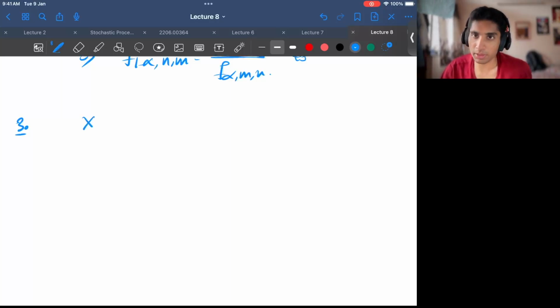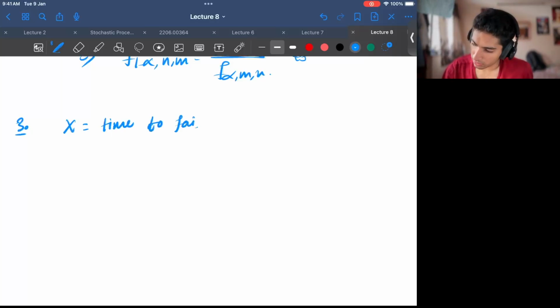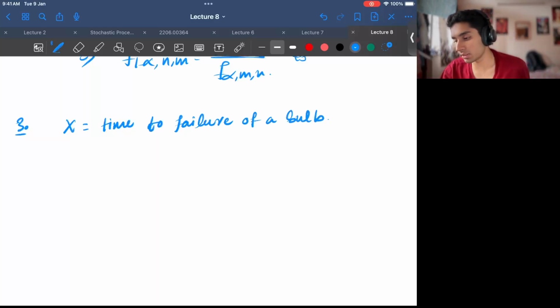X is a random variable. The question is that there is a manufacturing company. It manufactures a lot of bulbs, and X denotes the time to failure of a bulb. So X is the random variable which tells you how much time it takes for the bulb to fail.